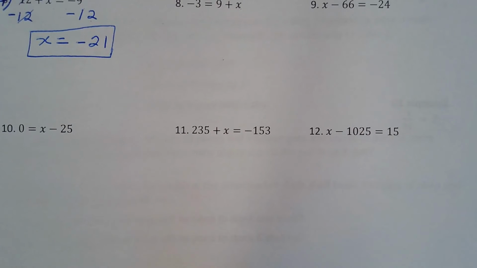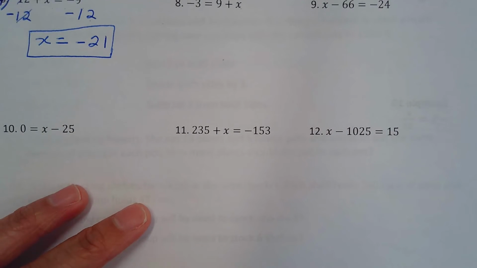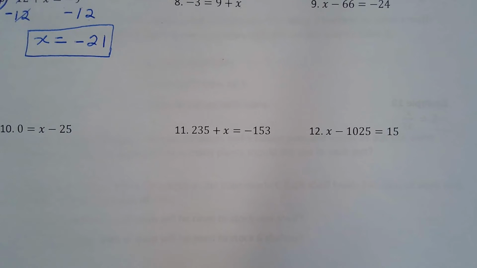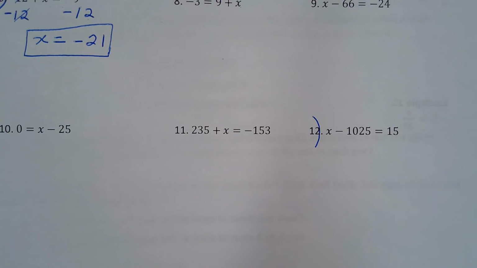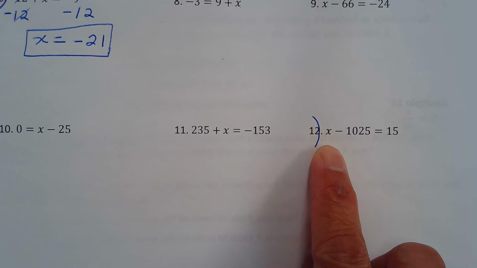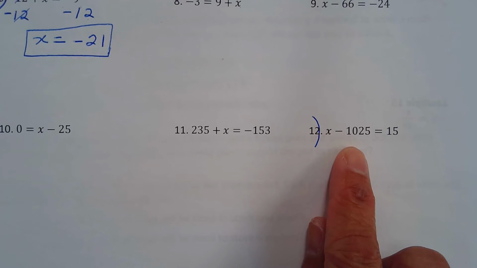Would you like us to go over it? Yes. Okay, so I'm going to put 12 here. That's the question number. What are we going to do? Add what? 1025 plus 50. Because all I did was 15 plus 1025.